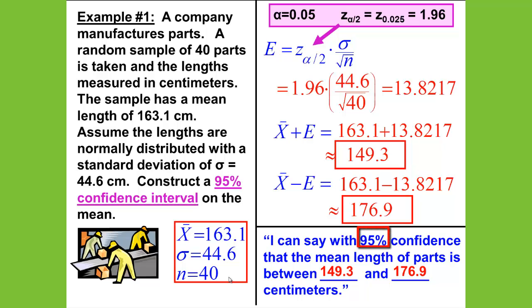It may be 95, it may be 99, it may be 90, it could be 80, it could be 98, it could be 96. The length of parts changes based on what your problem is saying. Your upper and lower confidence limits, of course, the numbers change, and the units, centimeters, could also change.